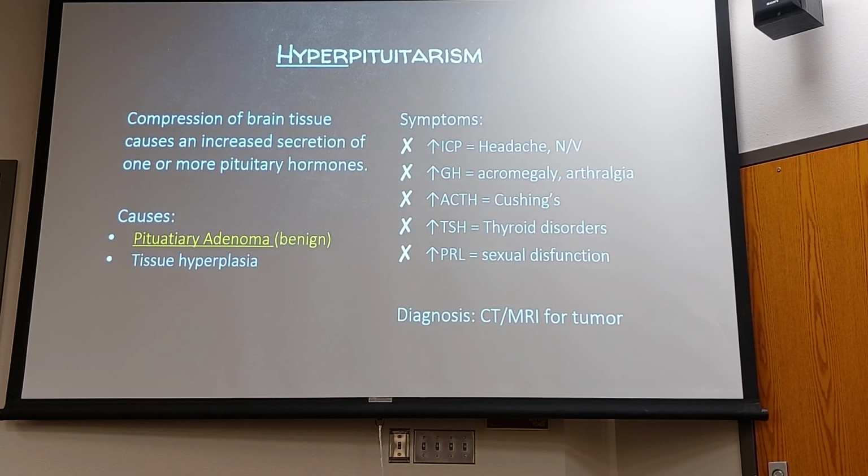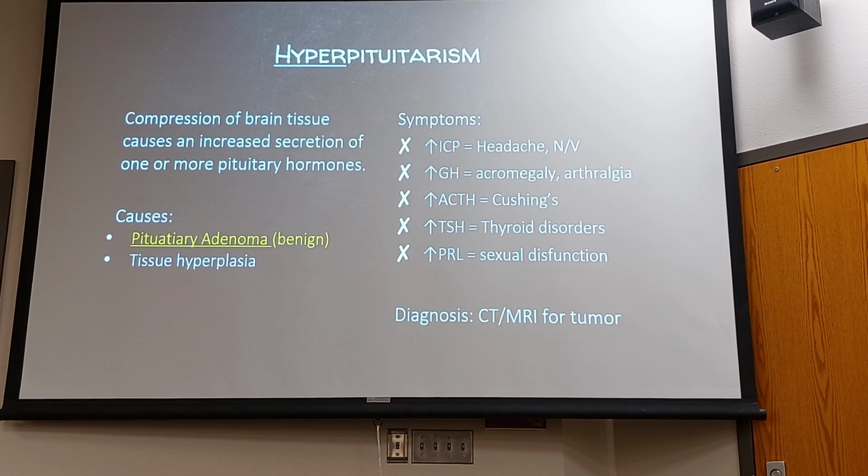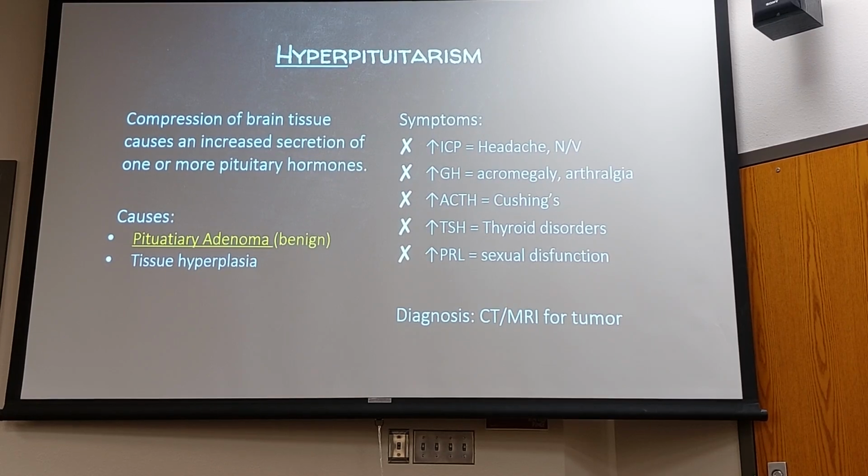Increased growth hormone is going to cause what we call acromegaly, or gigantism in children. Again, we're going to talk about that. Arthralgia is joint pain, kind of like arthritis, just with that rapid growth, because it's affecting the growth plate in the adult stage, so there can be some joint pain there.